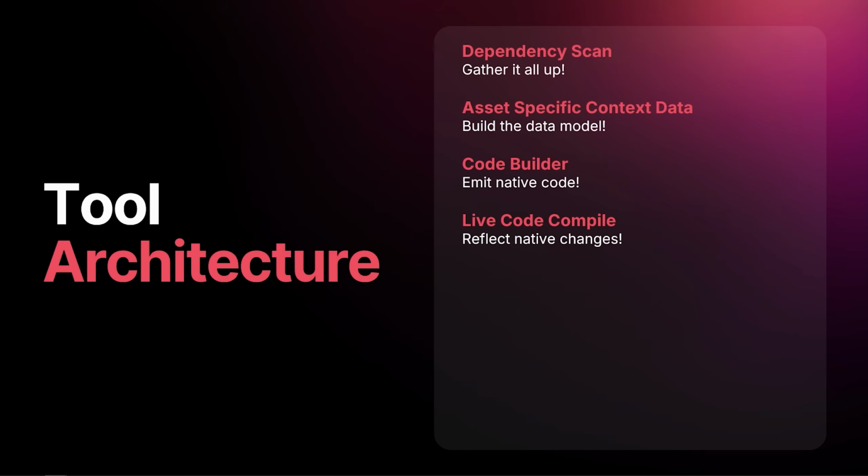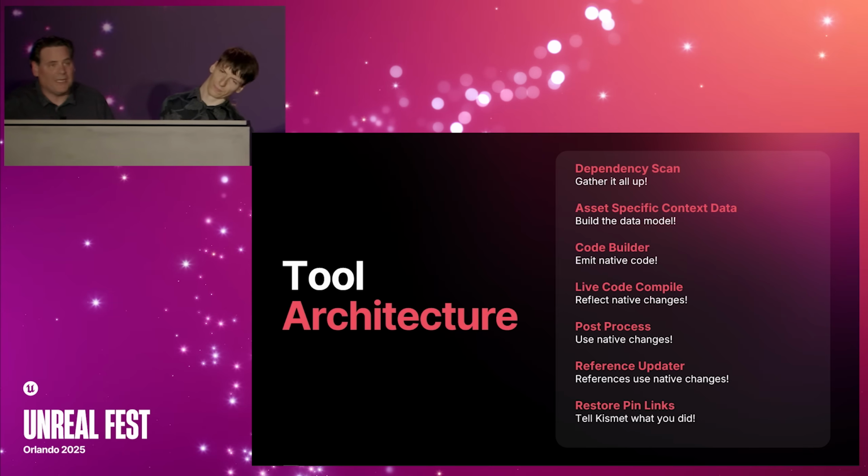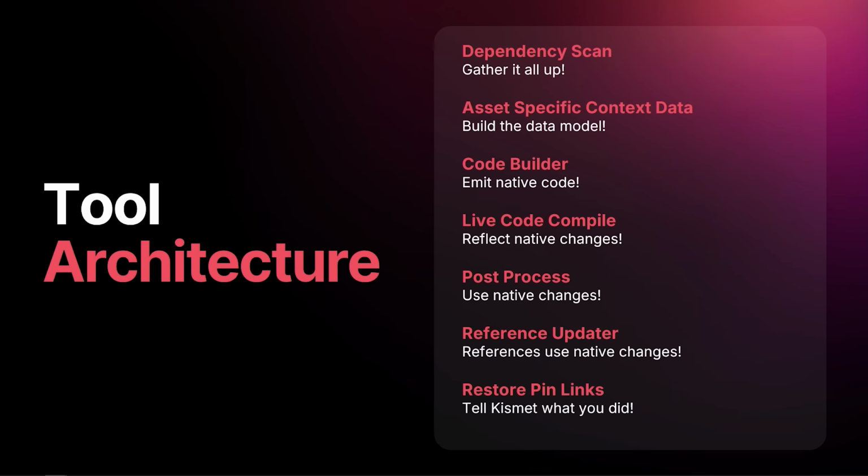And then do a code recompile. We're going to talk about a couple options there, but Live Coding is your friend here. Post-process, the chunky one, the reason we're here, really: update all those references, fix all those cast nodes, go deep, every pin upon pin upon pin. Reference updater: do the same thing for everybody else in the world that's looking at these things you just changed. And finally, restore pin links. We'll talk about why we call that out as a separate step in a second.